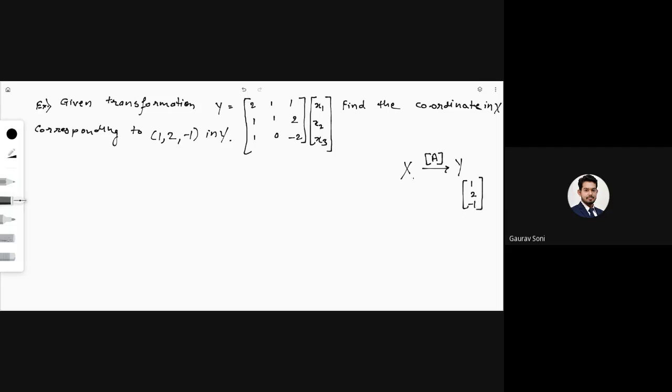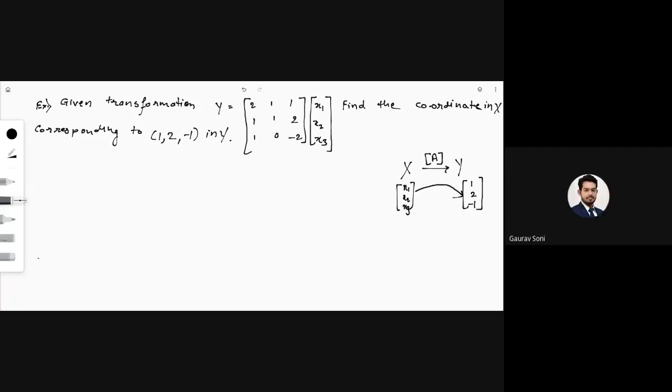I have to find a corresponding vector (x1, x2, x3) in X that will transform into (1, 2, -1). So what should I do? Write it in the form of a system of linear equations, then we'll solve.